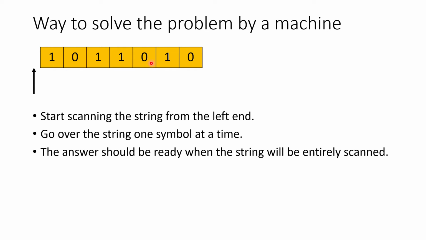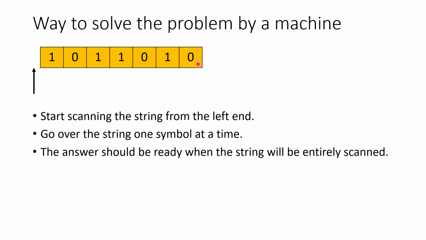And in this way, depending on 0 only, since you are toggling your state of mind, ultimately at the end of the string, after reading the last character of the string, your state of mind will be either an even number of zeros or an odd number of zeros.